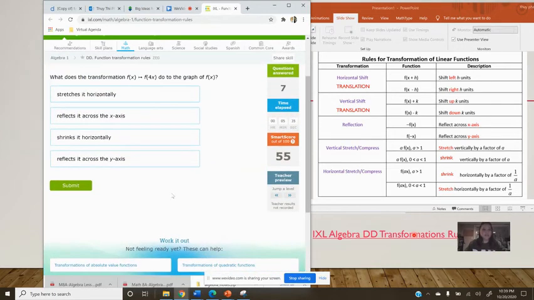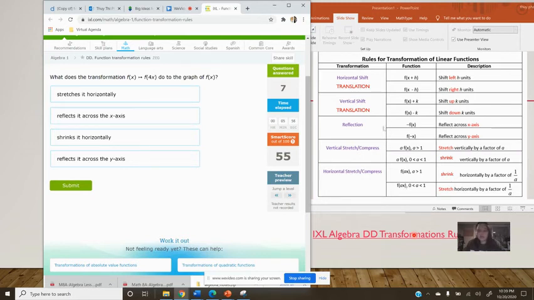Okay, now we're going to look at this one here. We're going to see which one this looks like on our chart. So f(x) transforms to f(4x). Now 4 is being multiplied by whatever x is, so you're just changing the slope. That's just a hint right there.